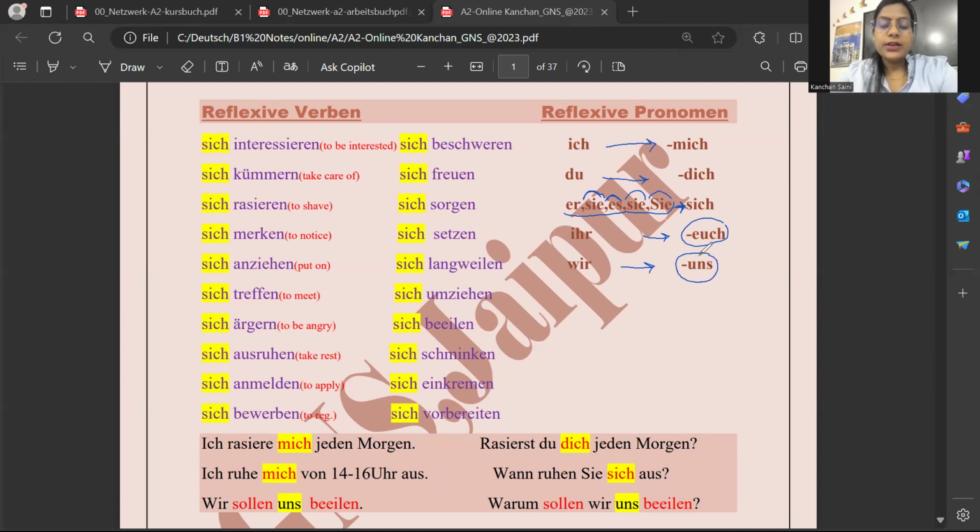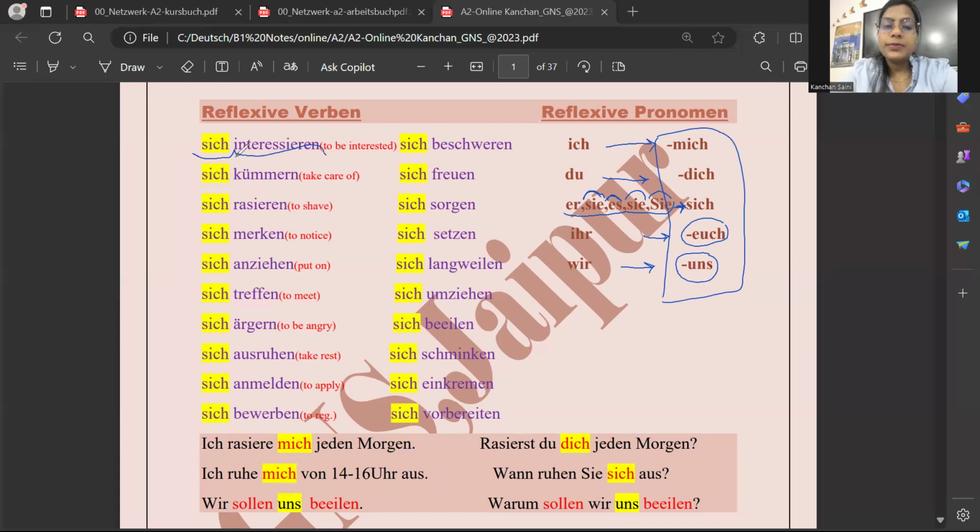Wir as uns means ourselves. So these are the reflexive pronouns: myself, yourself, himself, herself, itself, themselves, yourself, and ourselves. These reflexive pronouns are required whenever we have reflexive verben.